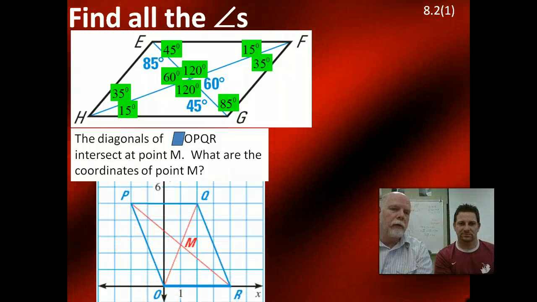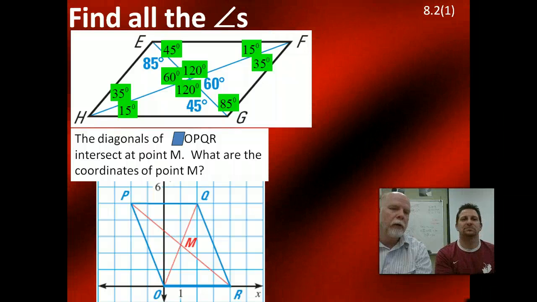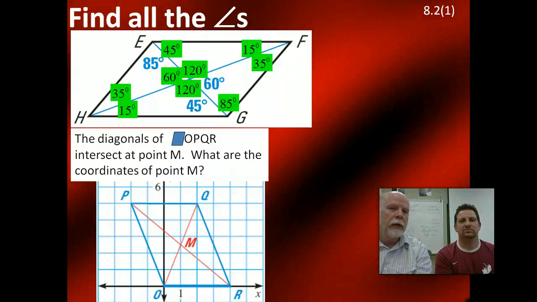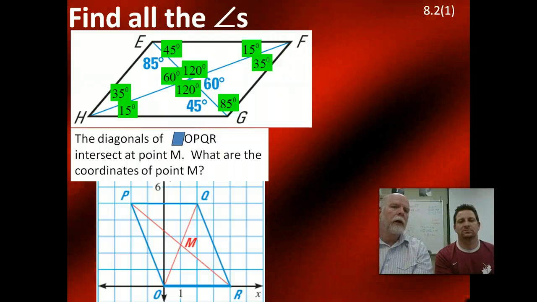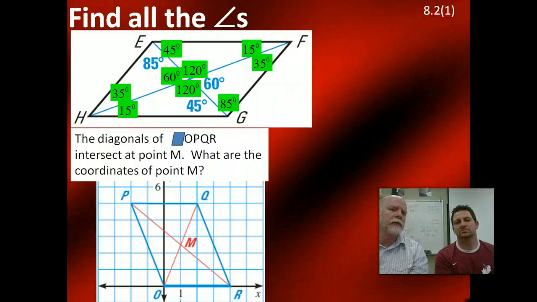Looking at this diagram now of the parallelogram OPQR, put within a quadrant system now, the diagonals intersect at point M. And the question is, what are the coordinates of point M? Well, what did we say 2 slides ago, or the last slide? The fact that the two diagonals bisect each other.